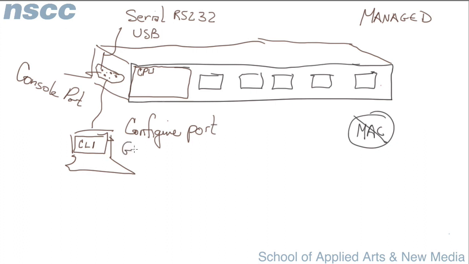You can gather statistics on how much data is flowing in and out of the ports. You can set special access control lists to maybe filter out what computers can actually use the switch. So it's a way of providing security. There are other features that we'll study later in the course called VPNs.